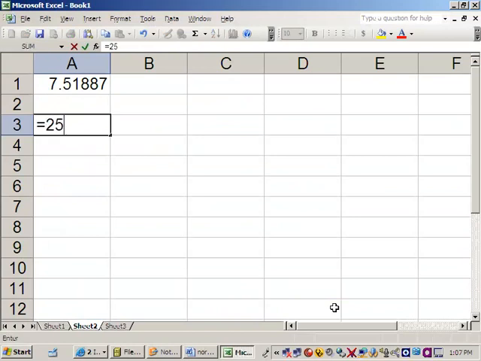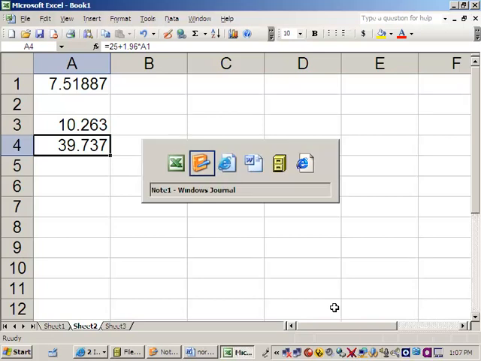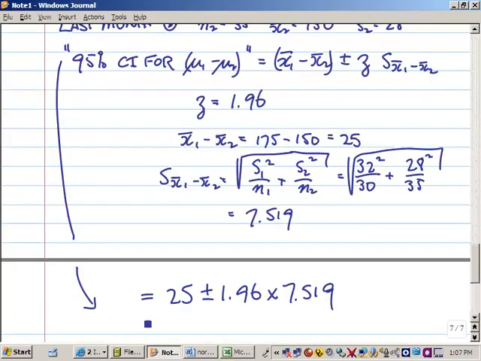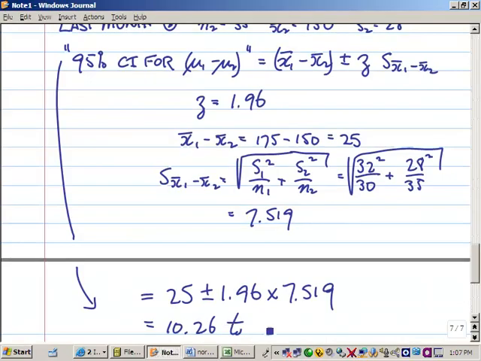So it's 25 minus 1.96 times the standard deviation, and 25 plus 1.96 times the standard deviation. So our interval goes from 10.26 to 39.74.